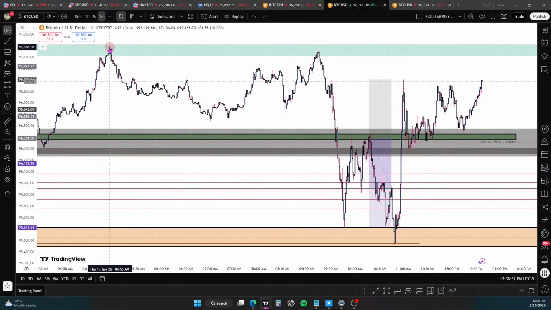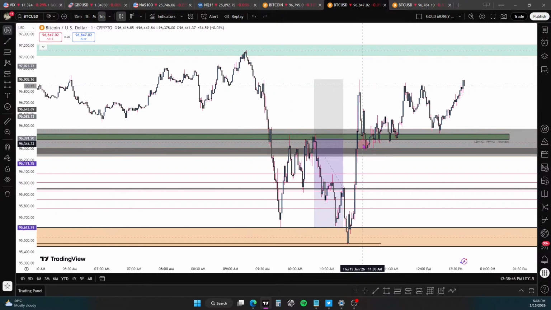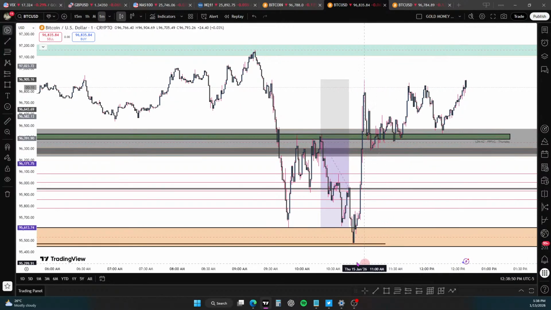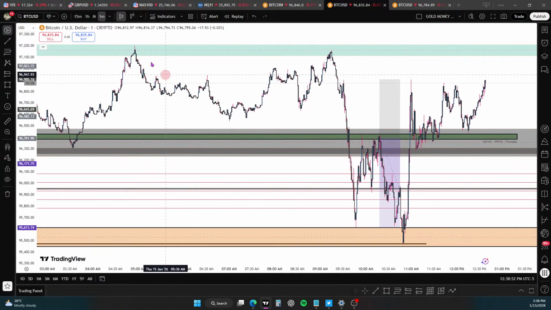Wait. You get failure to reach outside the box, and then a 50% retracement of the box, right? And then look here, you get failure to get inside the box. Oh wait, no, sorry, this is not what I was trying to point out. It was something else. But still, this is quite fascinating.